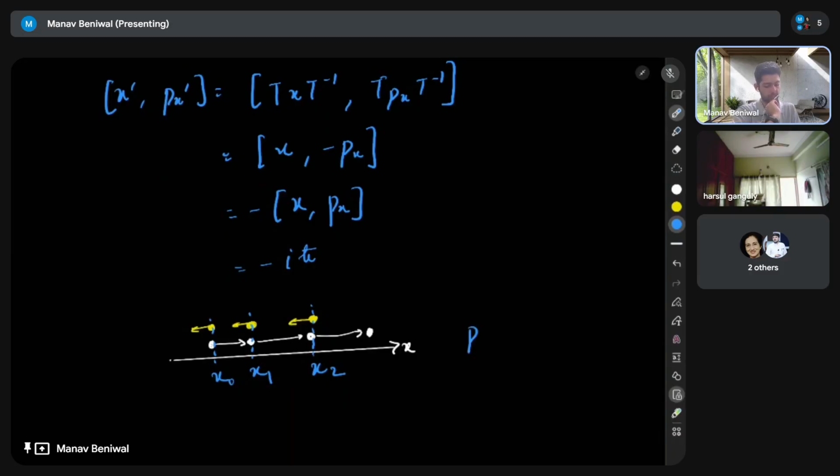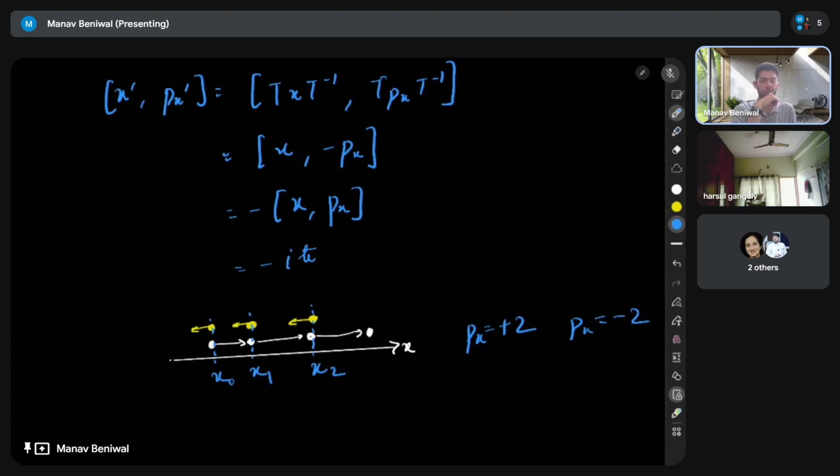Earlier, if your momentum px was greater than 0, let's say plus 2, now after time reversal it will be minus 2, because now it is going in the minus x direction. So when you do this time reversal operation, x remains x, but your momentum gains a negative sign. That's it.